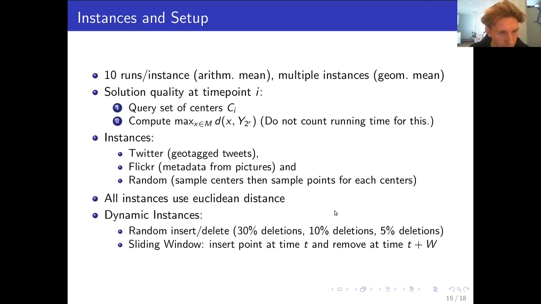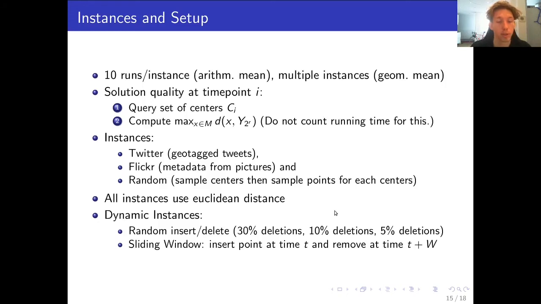The instances we used were Twitter, which is geotagged tweets, and Flickr, which is metadata from pictures. Both of those instances were also used by Chan et al. And then we also put something new, which is random, where we sampled some centers, and then for each of the centers we sampled more points.